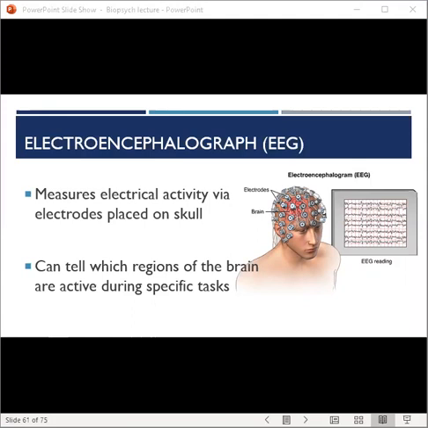These lines allow doctors to quickly assess any abnormal patterns. Irregularities may be a sign of seizures or brain disorders. EEG is a non-invasive method, and it's really good at detecting rapid changes in electrical activity, so it's pretty frequently used to examine brain functioning.